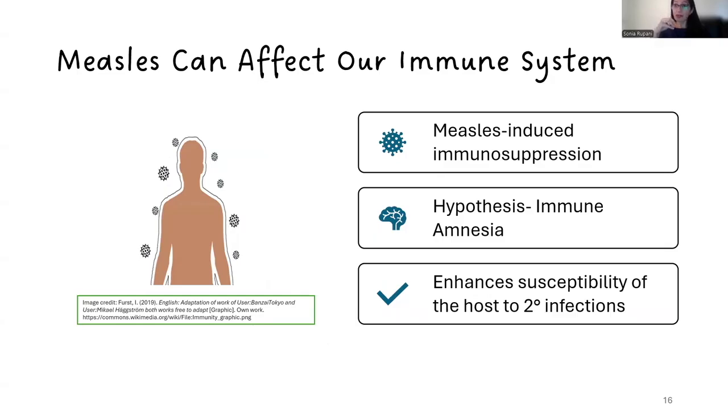So all those memory cells that our body has made after being exposed to different things are now erased. They're lost. There's amnesia, and that makes the person more susceptible to secondary infections. That's a hypothesis, called immune amnesia. But we know that measles can suppress our immune response.